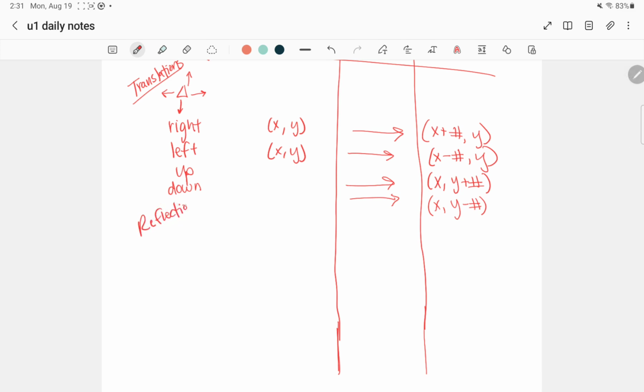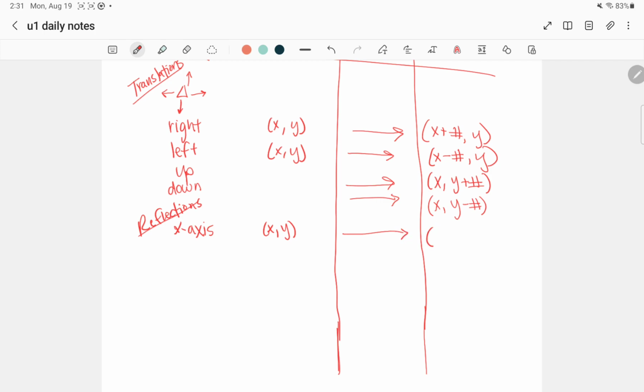Reflections. It's not about going right, left, up, or down. It is about what am I reflecting over. So if I'm reflecting over the x-axis, then my pre-image is going to be my normal point, x, y.